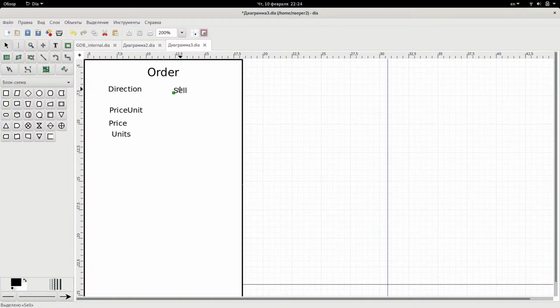Yes, that's much better. Price unit. Okay, let's imagine we are selling a film. It could be the film itself.